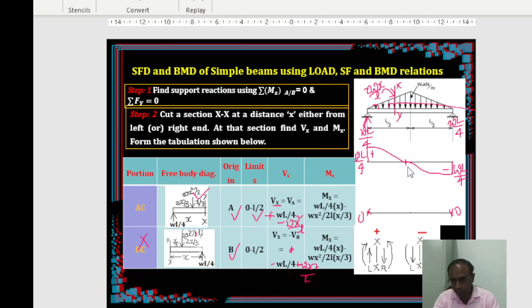At the center, because in general, wherever shear force is 0, bending moment is going to be maximum. So at this location we can find it out. Put x equal to L by 2. What will happen? WL by 4 times L by 2, WL square by 8 here, and here WL square by 4.